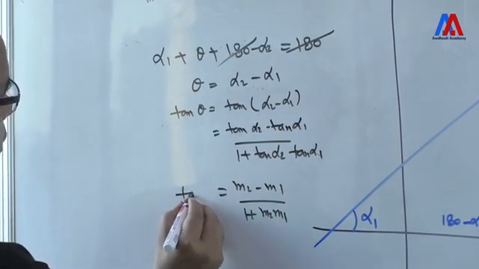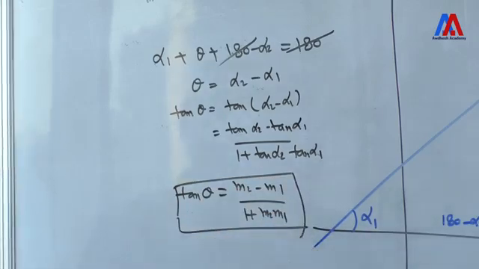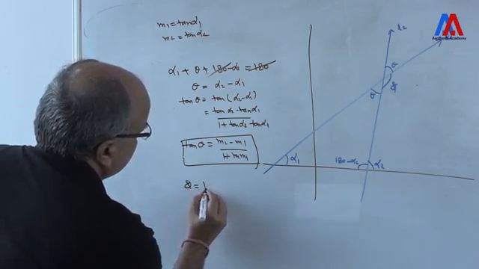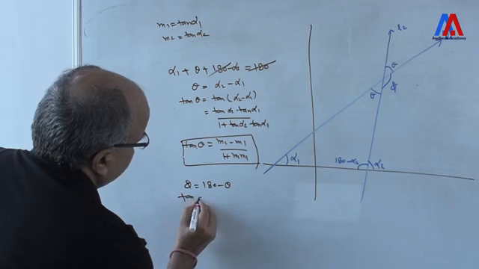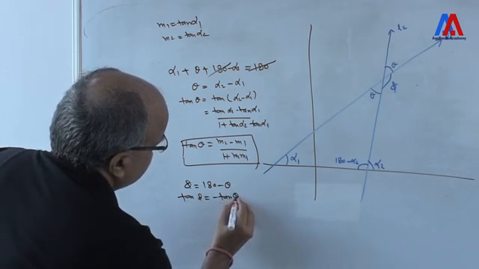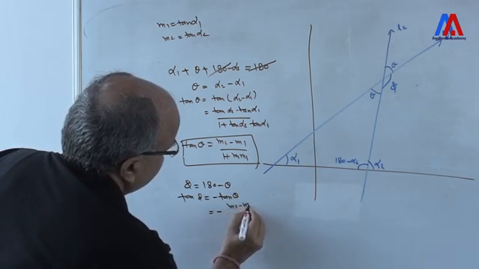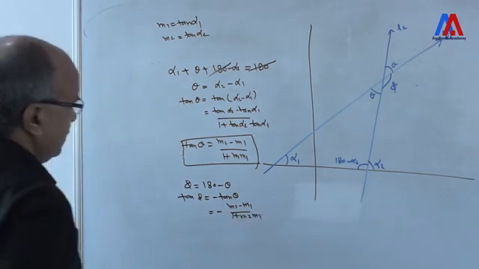So this is equal to tan theta. Similarly, for phi, we know that phi is equal to 180 minus theta. That means tan phi is equal to minus tan theta, and that is equal to minus (m2 minus m1) divided by (1 plus m2 m1).